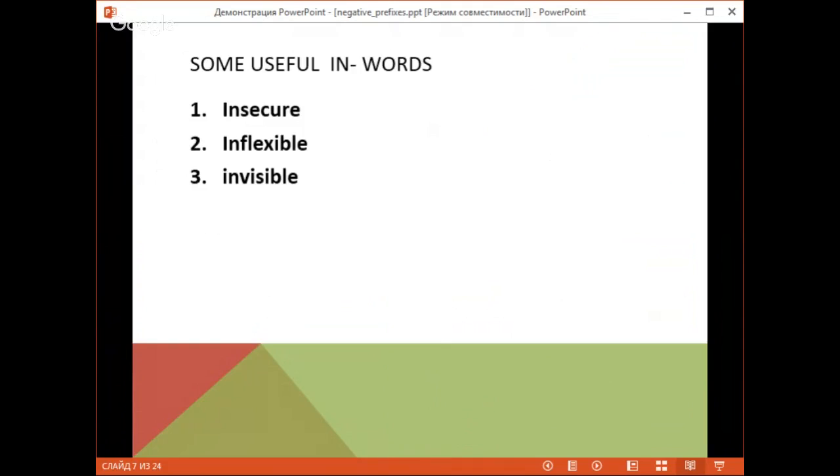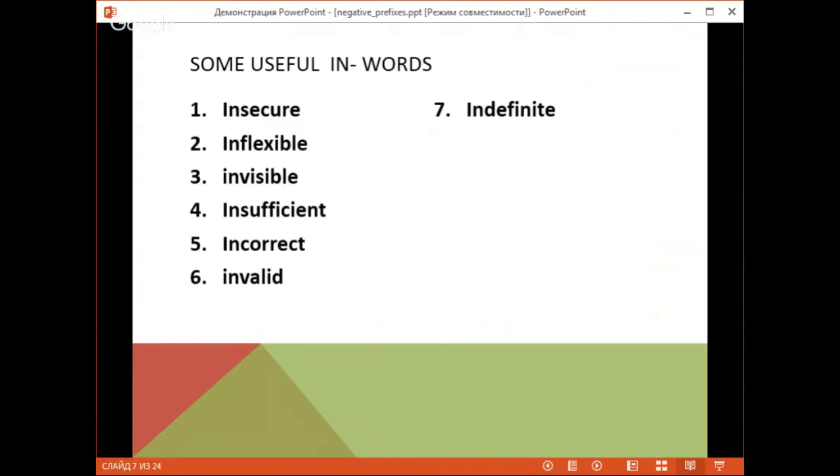So, speaking about some useful in words, let's have a look at them. Insecure is when the person doesn't feel safe and is not confident, actually. Inflexible, invisible, insufficient. For example, when you don't have enough of something, insufficient amount of money. Incorrect, that is an easy one. Invalid. For example, we all know invalid data in our computers.